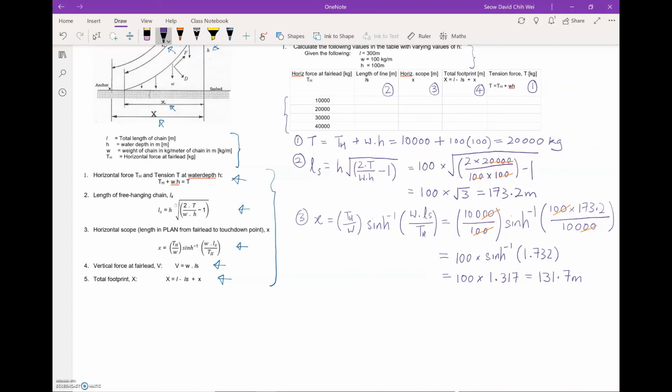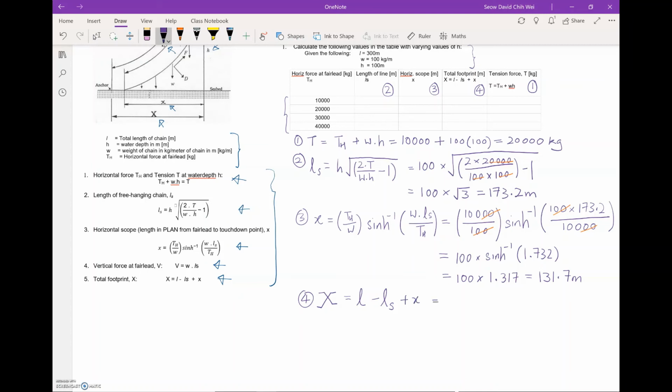And lastly, we have the total footprint formula. Big X is given as the length minus the length that's free hanging plus the horizontal scope.